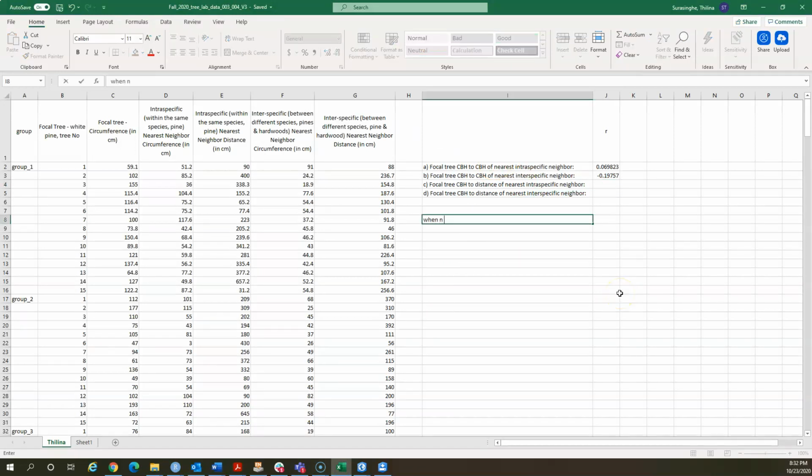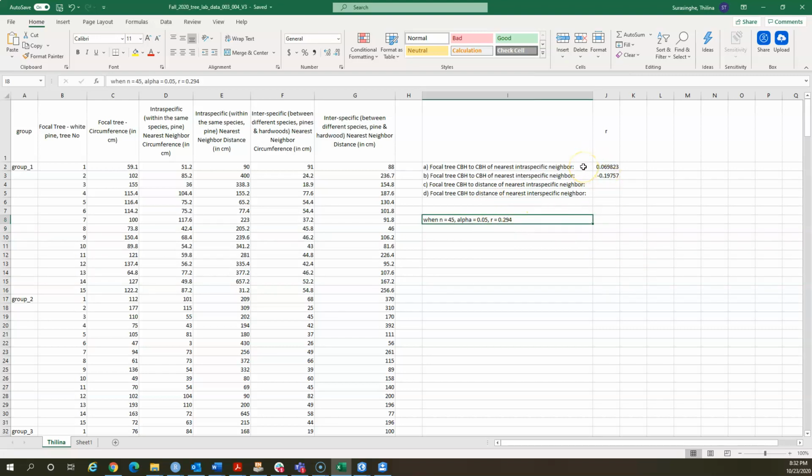When N equals 45 and alpha equals 0.05, the corresponding threshold for R is 0.294, right?